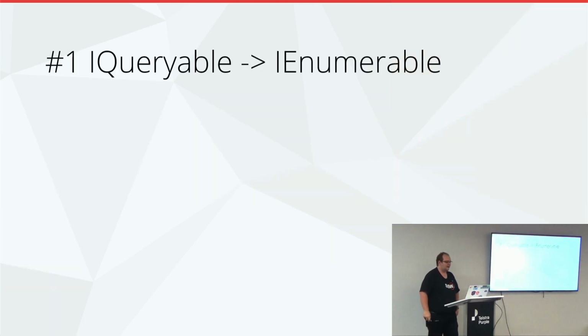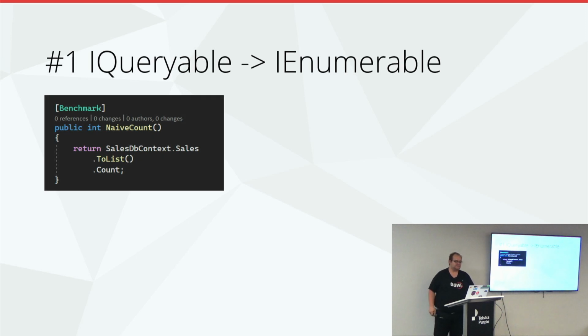So first off, IQueryable versus IEnumerable. See this example here? We have salesDbContext.Sales, and then we do ToList. Now, how many of you know what happens when you do this? We have a few hands. Okay, let me explain.